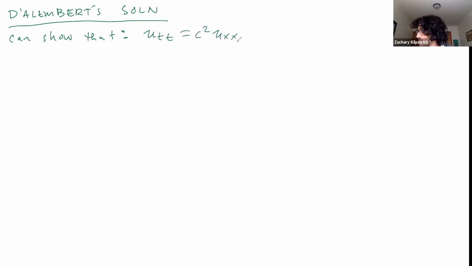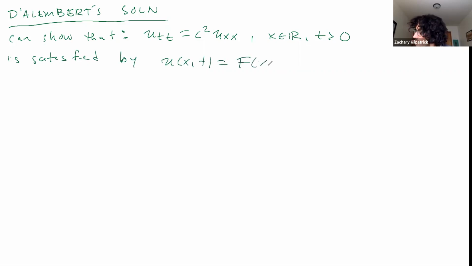that this PDE, without worrying about these initial conditions, is satisfied by u of x,t equal to some function f of x minus ct plus g of x plus ct.